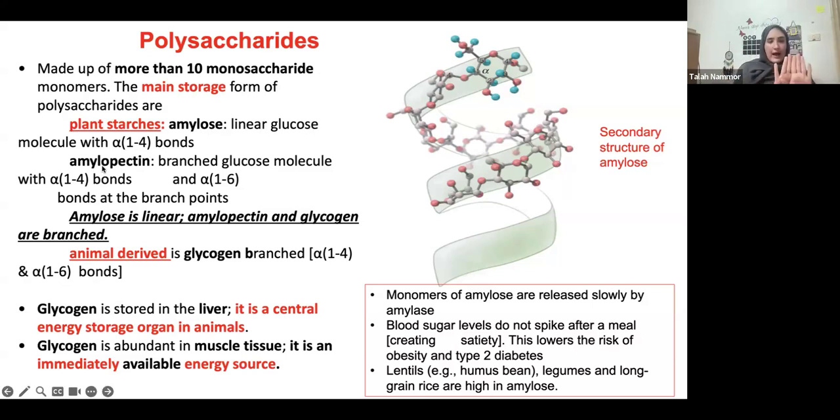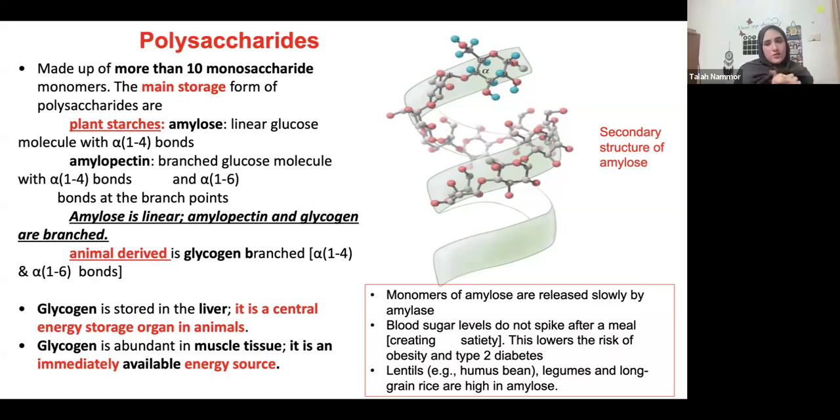So we'll have the normal alpha 1 to 4 bonds, and then an extra bond, which is 1 to 6. So amylose is straight, linear, with 1 to 4. Amylopectin is branched, with 1 to 4 and 1 to 6.